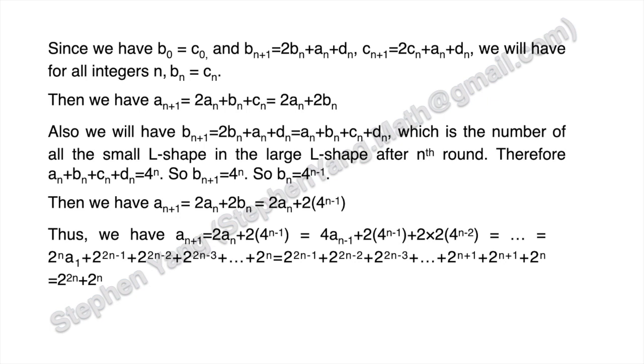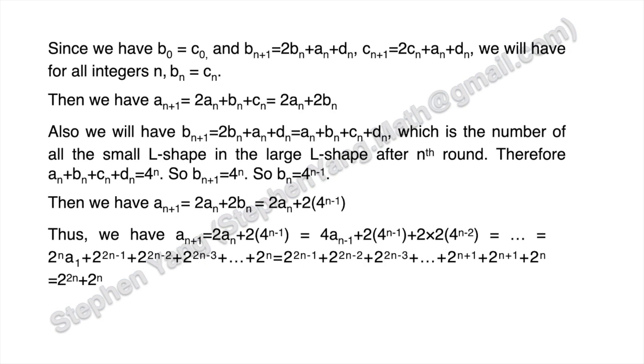In the end, we'll have a_(n+1) equals 2 to the nth power times a_1 plus 2 to the (2n minus 1)th power plus 2 to the (2n minus 2)th power plus 2 to the (2n minus 3)th power, and so on, plus 2 to the nth power.